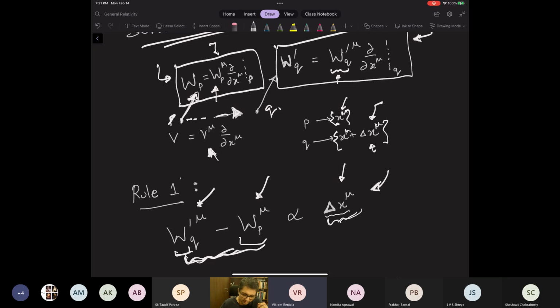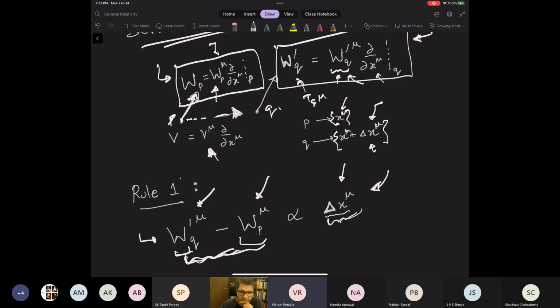Note that this difference now is not a difference between vectors in different tangent spaces. Rather, we're talking about a vector in the tangent space TQM. We're talking about the coordinates of this vector in this tangent space in a particular coordinate basis.